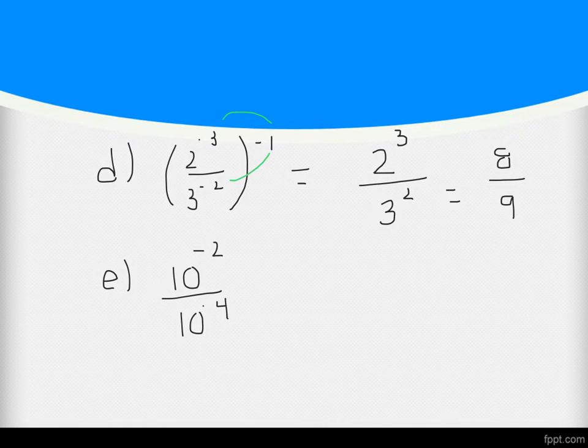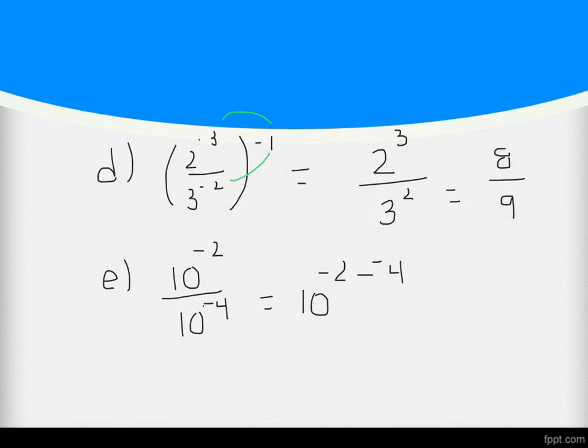And finally, for example 1, part E, now we are dividing things that have the same base, so we can subtract their exponents and apply them to that base. So the negative 2 exponent on top, I need to subtract from it the negative exponent on bottom.